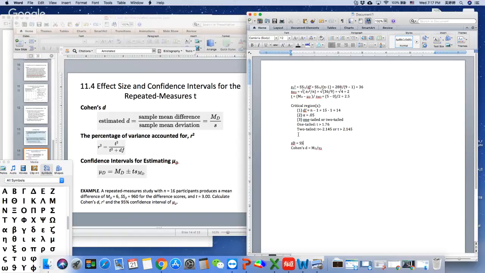SD equals the square root of SSD divided by the degrees of freedom. We have the formula here, I just copy and paste. And the SSD here equals 960 divided by n minus 1, where n is 16, minus 1.